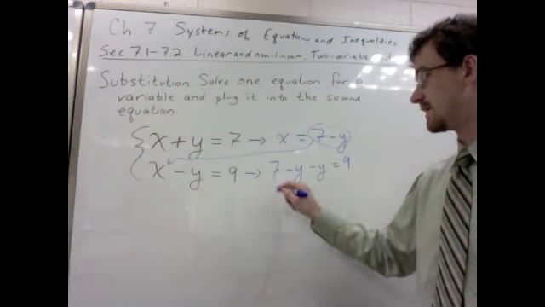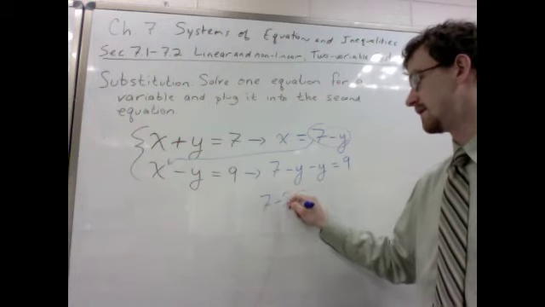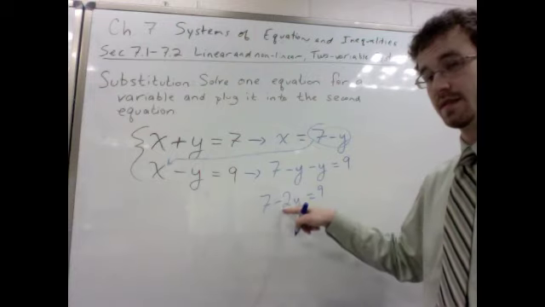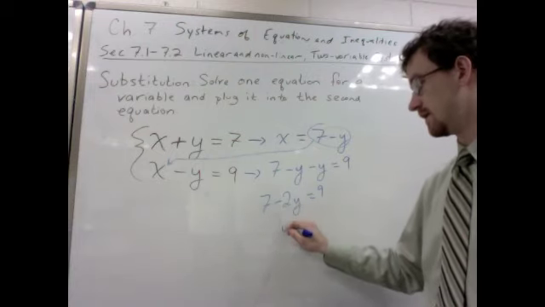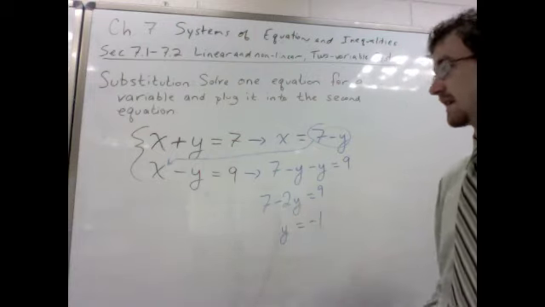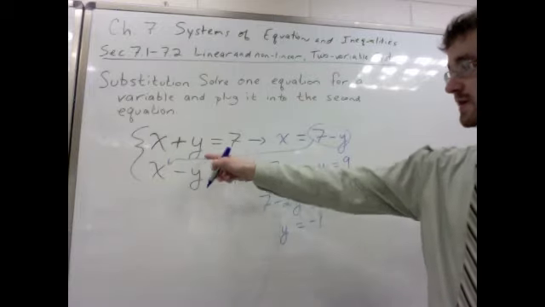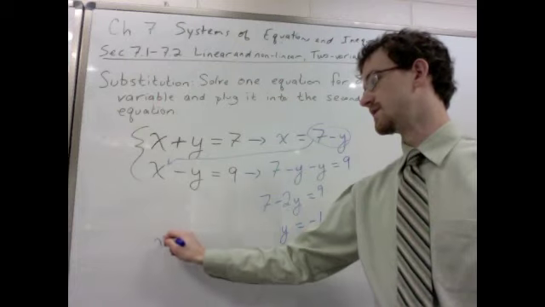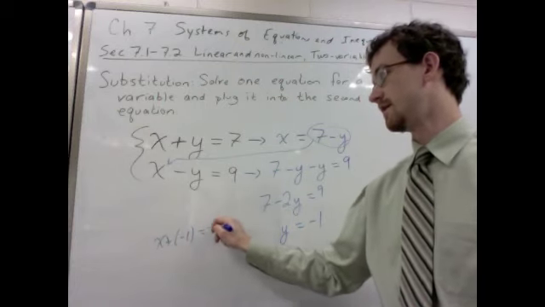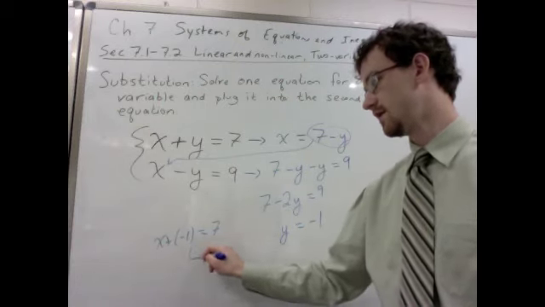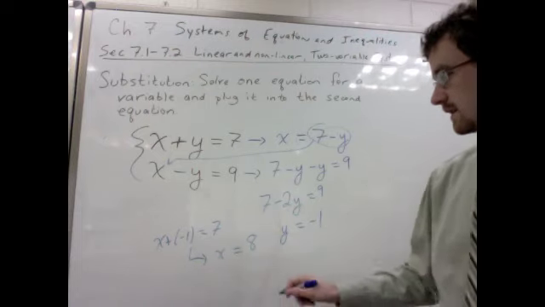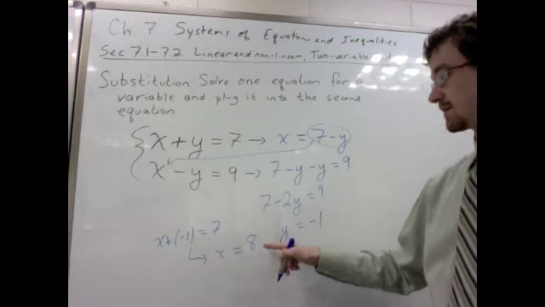Negative y minus y is, of course, minus 2y. Subtract 7, divide by negative 2, and get that y equals negative 1, which we then plug back in to either equation to get our result: x plus negative 1 equals 7, which gets us the result x equals 8.